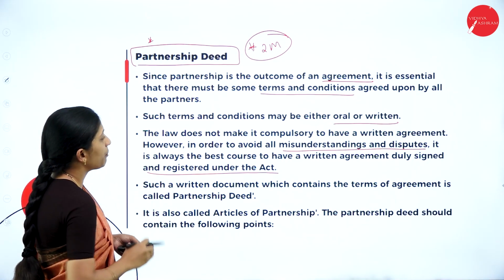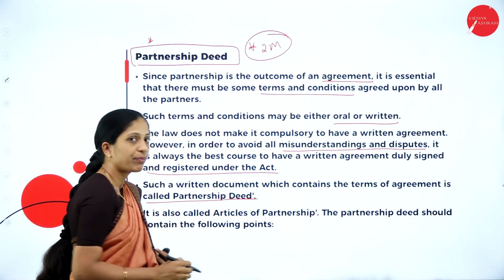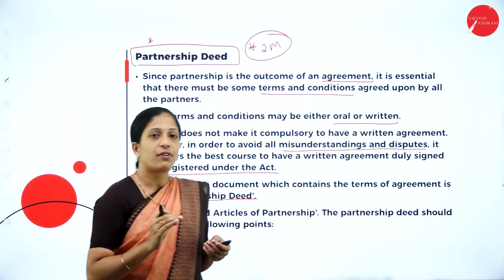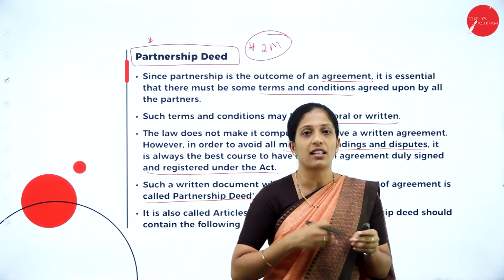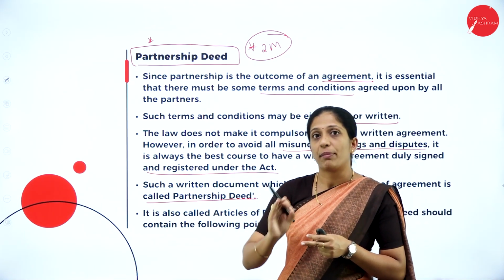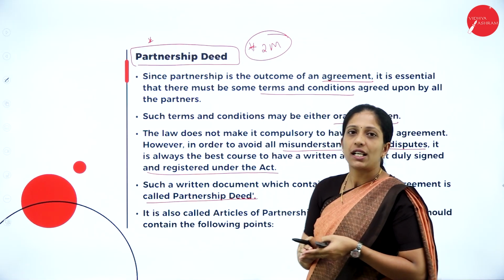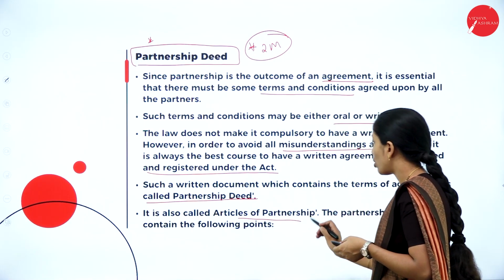Such a written agreement which contains the terms of agreement is called what? Partnership deed. It can be either written or oral, but written is more preferable, and that written agreement itself is the partnership deed. It is also called articles of partnership.